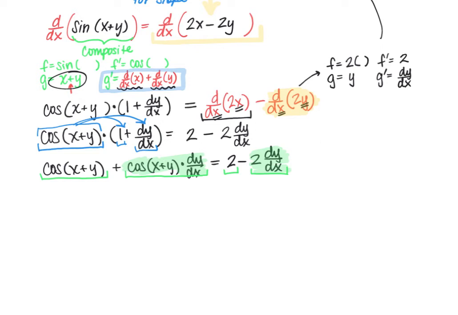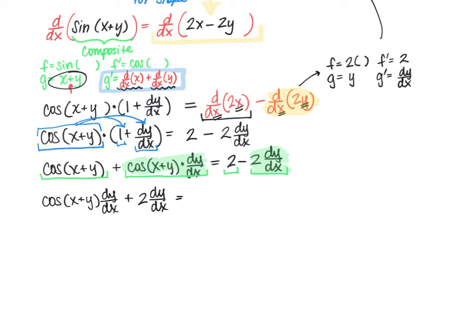However you want to arrange this, I'm going to bring the dy over dx terms to the left. So I'm going to have cosine of x plus y times dy over dx. Then I'm adding the 2 dy over dx term, since I'm bringing it from the right side to the left side.